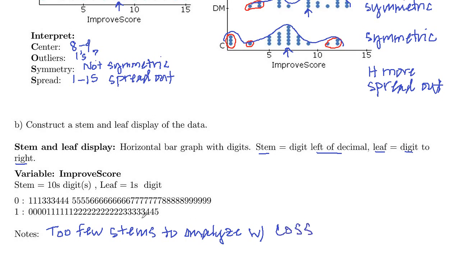So if we had data that was in the single digits, the 10s, 20s, 30s, 40s, 50s, and 60s, then a stem and leaf plot would probably be a better option. Notice that these are in increasing order. All of your leaves are in increasing order, so that means that you can recover the original data from the stem and leaf plot.